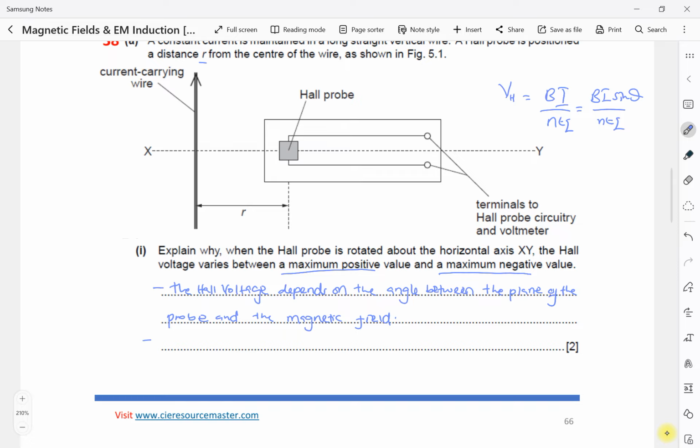So the Hall voltage is maximum when the plane and the magnetic field are perpendicular to each other, and 0 when the plane and the magnetic field are parallel to each other.